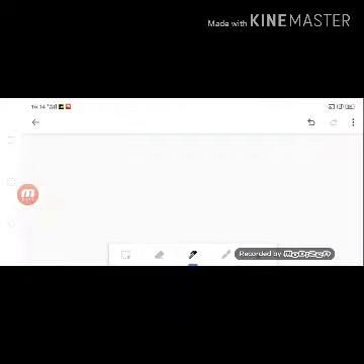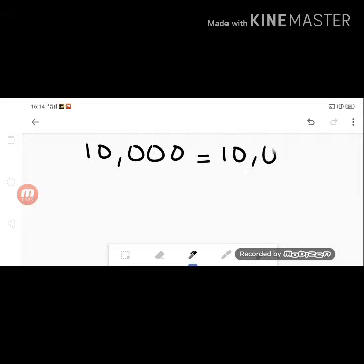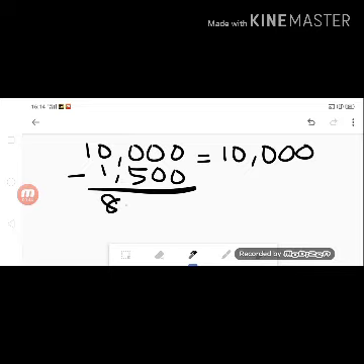The first scenario says that we buy the asset using cash. So now the original is 10,000. We minus the 1,500, the price of the printer. Then we have the balance of 8,500.